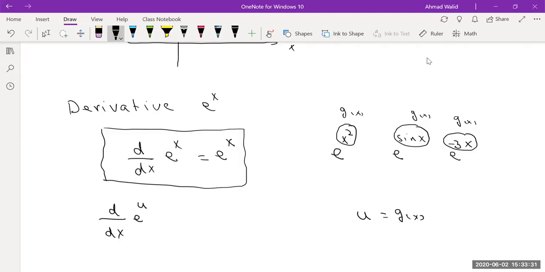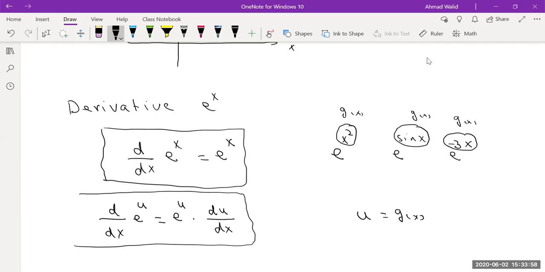When you have e to the power of a function, your derivative goes this way: e to the u times du dx. It means the derivative of this function with respect to u, times the derivative of the exponent, du dx. Correct? That's the main formula that you use all the time, because sometimes it just gives you e to the x.